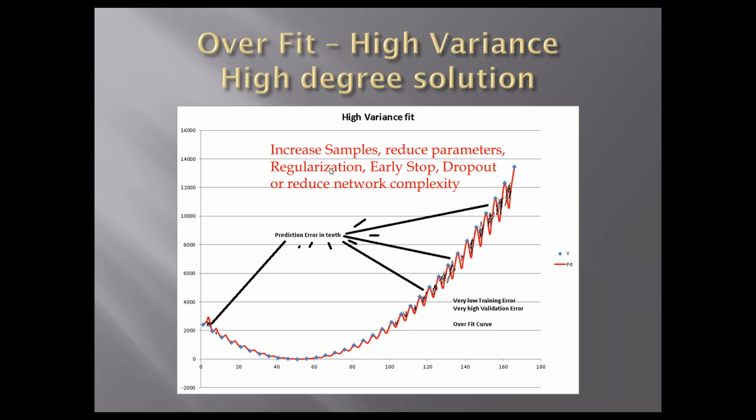Regularization helps to reduce that by penalizing your network. It essentially increases the cost of your network by the actual value of the weights in your network. So what it's encouraging is lower weights.